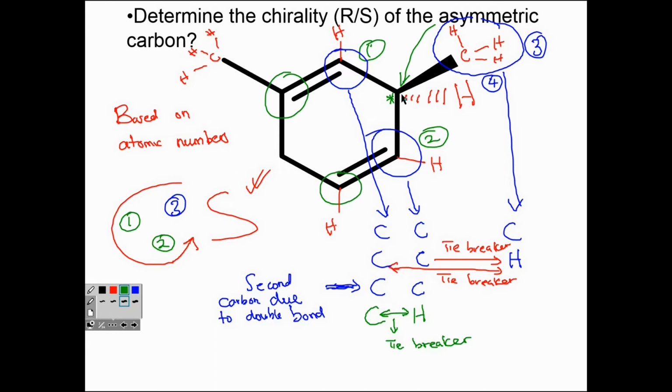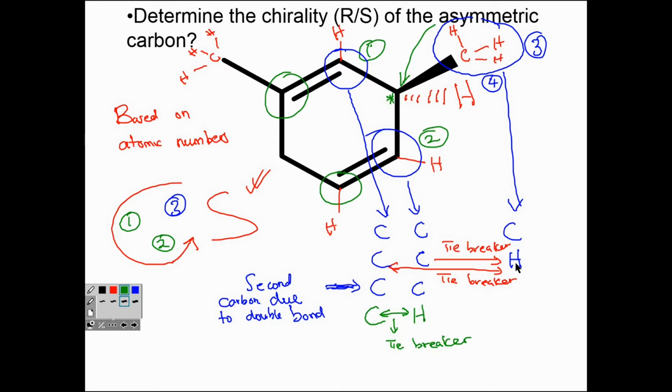So you're looking again at the atoms directly bonded to the chiral, the asymmetric atom, which is the carbon. You have a carbon there on the methyl, a carbon here, and a carbon there. But this carbon is bonded to a hydrogen, and the next highest atomic number atom bonded to this carbon is a hydrogen. So go ahead and write a hydrogen there.